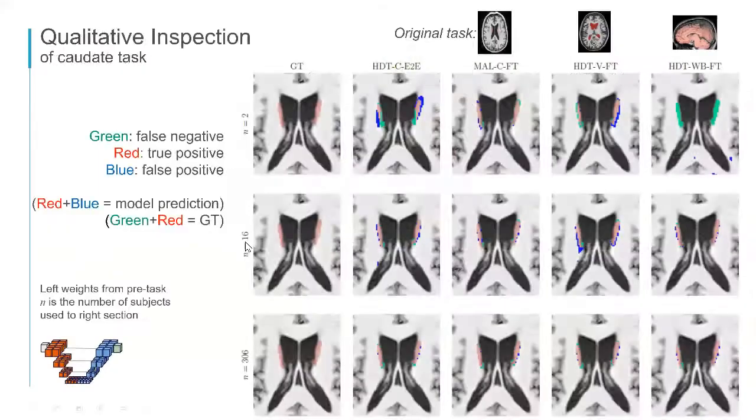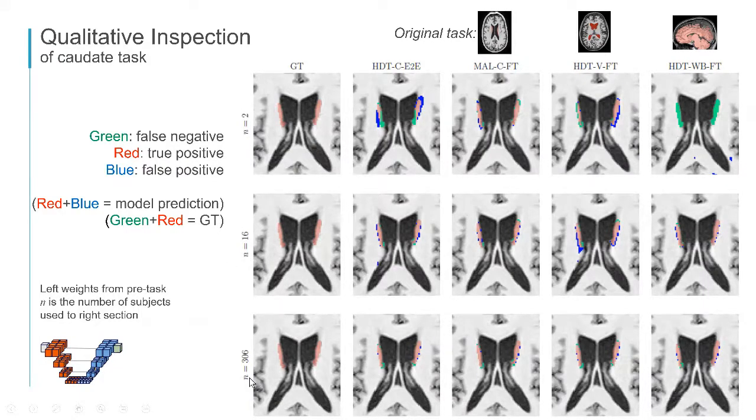Now, once we've taken these pre-trained models, what we can do is fine-tune the model on the target caudate data problem. And we can use a subset of that data set. So here you can see the top row are models fine-tuned using 2 brains. The middle row is fine-tuned using 16 brains.